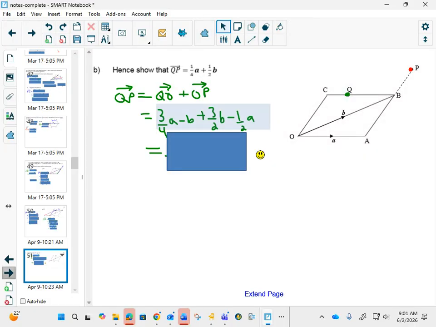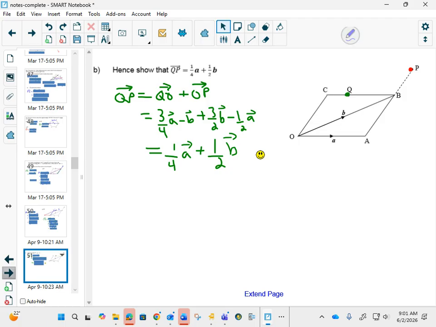And Q to O, we've already figured out. Well, we figured out O to Q, so Q to O would just be the negative of O to Q. And we already figured out O to P. Combine your like terms and you get 1/4 A plus 1/2 B. And because it's so enjoyable, 1/4 of A would be like this, and 1/2 of B would be like that.